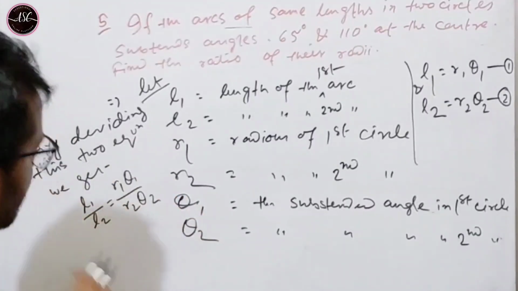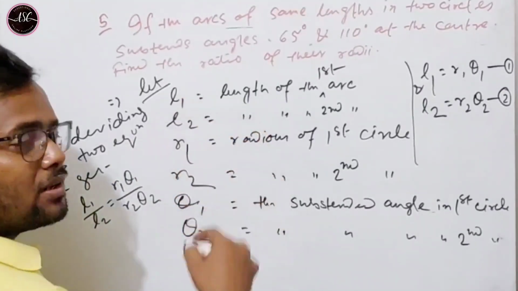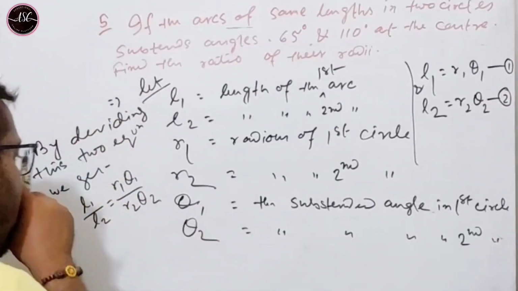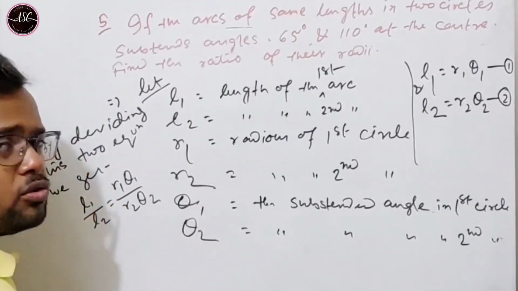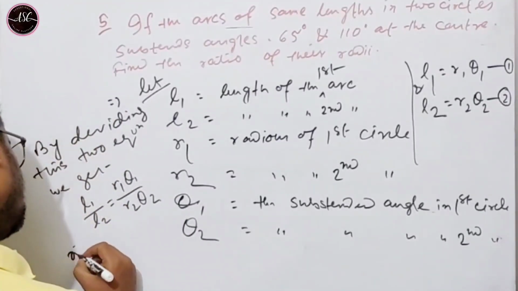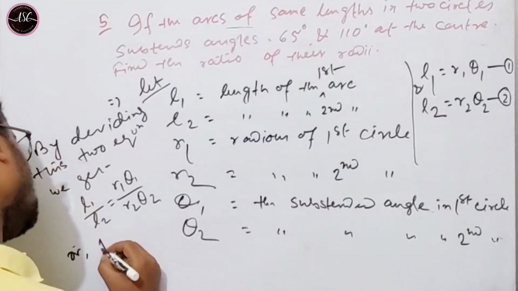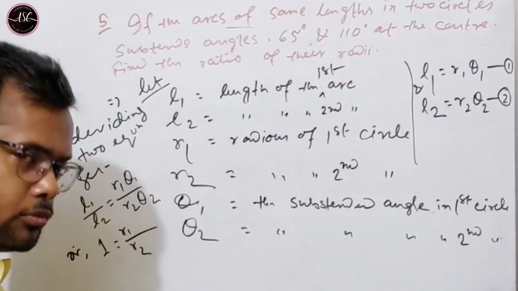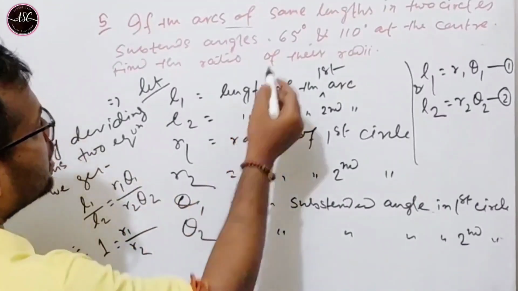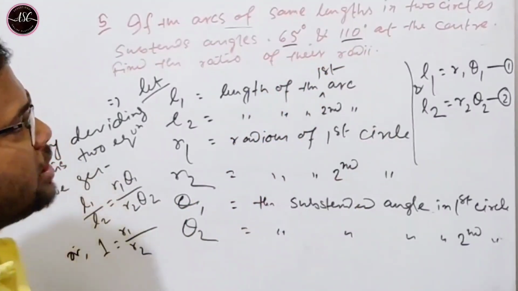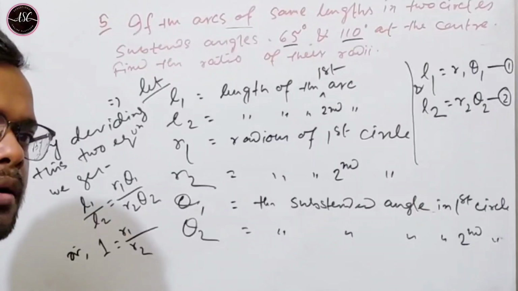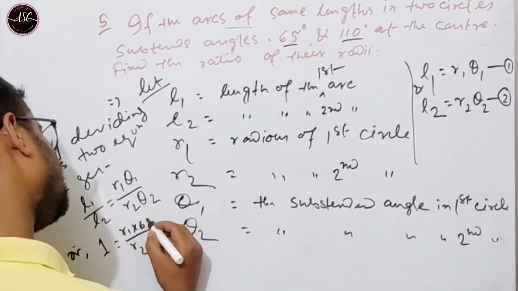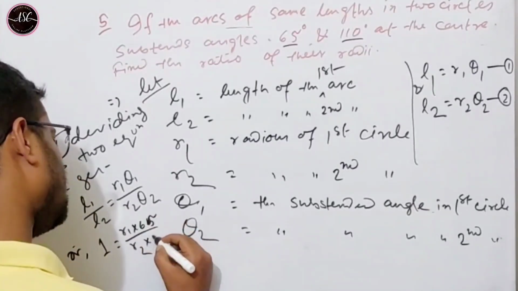Here it says the arcs are of same length. So L1 and L2 are equal, so the value of L1 by L2 will be 1, and theta 1, theta 2 equal to 65 degree and 110 degree. So we can write 65 and 110.